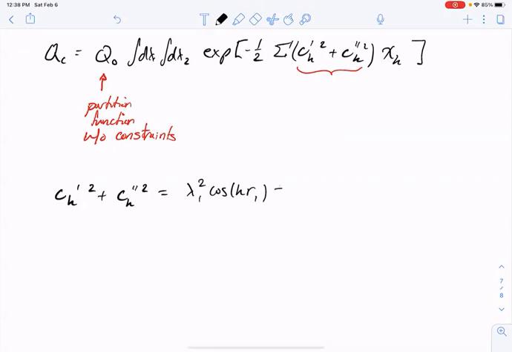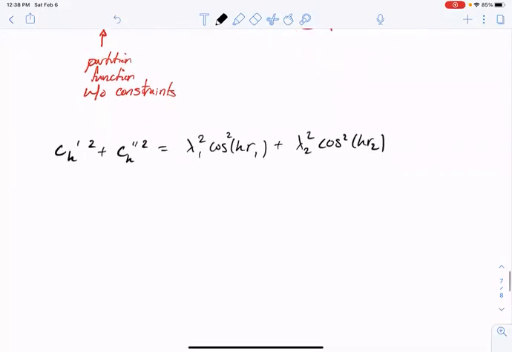I will get a lambda 2 squared, sorry, cosine squared k R2.